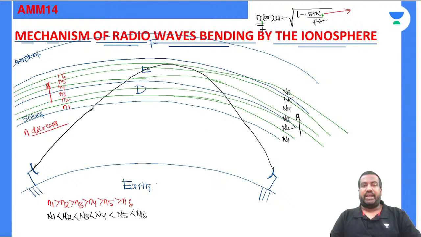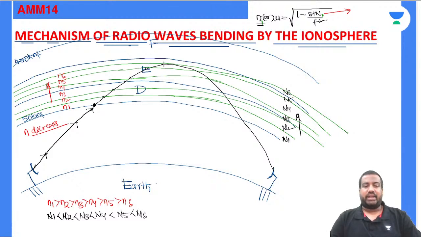So the refractive index mu is given by this, and the wave is sent upwards towards the sky, towards the ionosphere. Once the wave has entered the ionosphere, it is getting refracted with these layers and starts bending due to the continuous refraction.